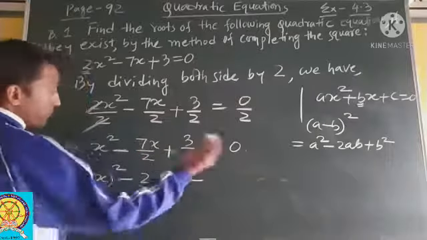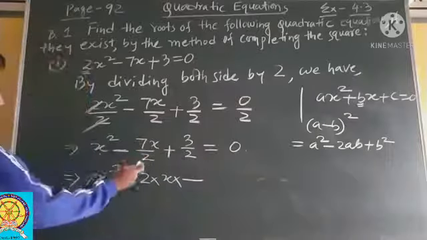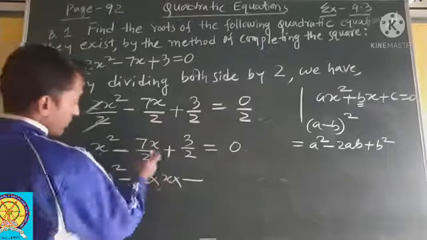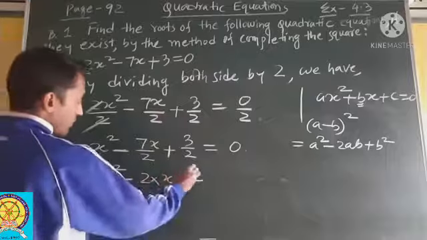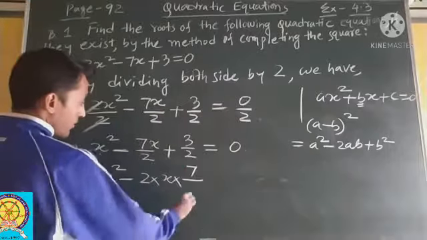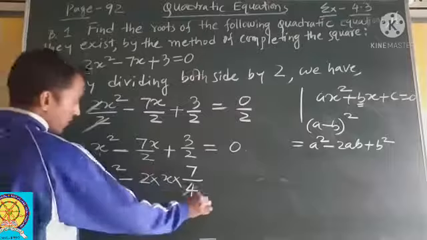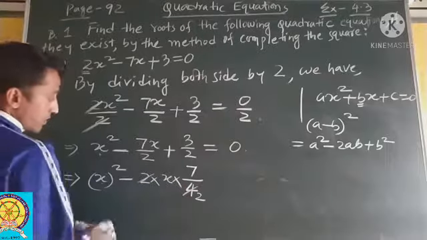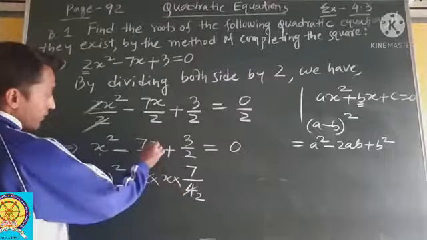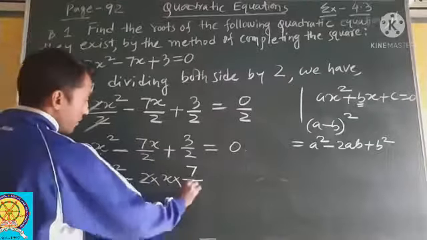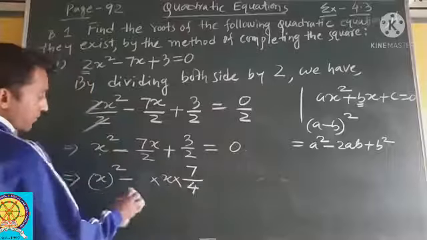So what will be the value of b to get minus 7x by 2? x is already there, so you have to get 7 by 2 x. So the numerator will be 7, the denominator will be 2 into 2, that is 7 by 4. If you cancel 2 into the 4, you will get 7 into x, 7x by 2. So the value of b will be 7 by 4.